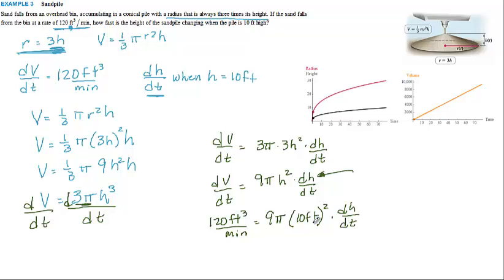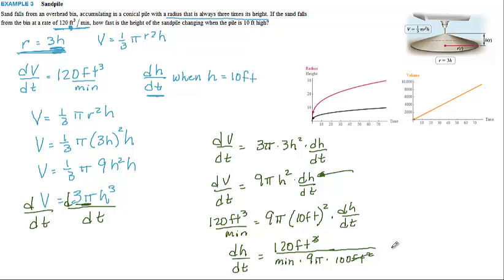And crunching this around, I'm going to get that dh over dt is 120 feet cubed per minute over 9 pi times 100 feet squared. Notice my units.